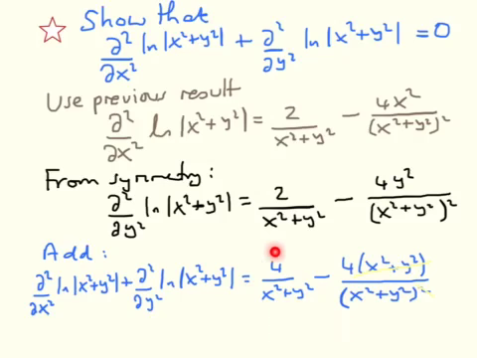But that's exactly this term here. So what we realize is that these two terms, because they have a relative minus sign, are going to cancel and everything will vanish. So this sum of terms actually vanishes.